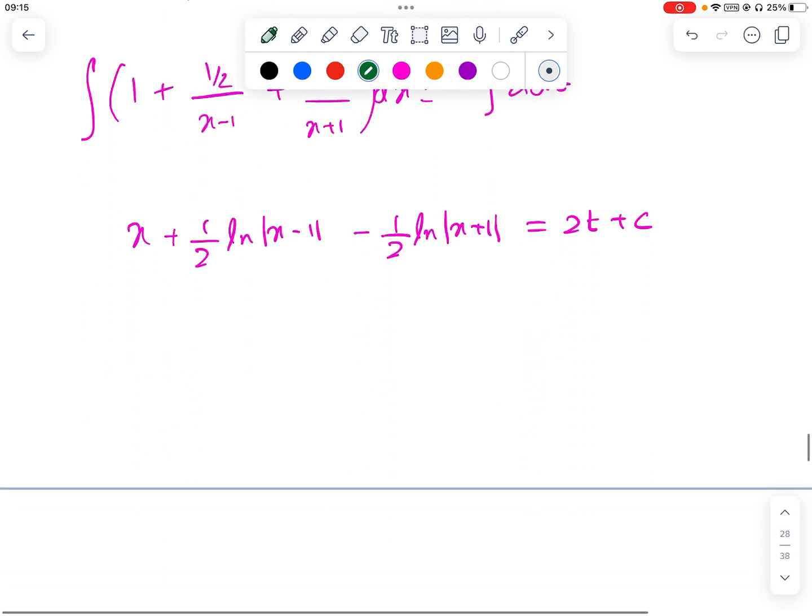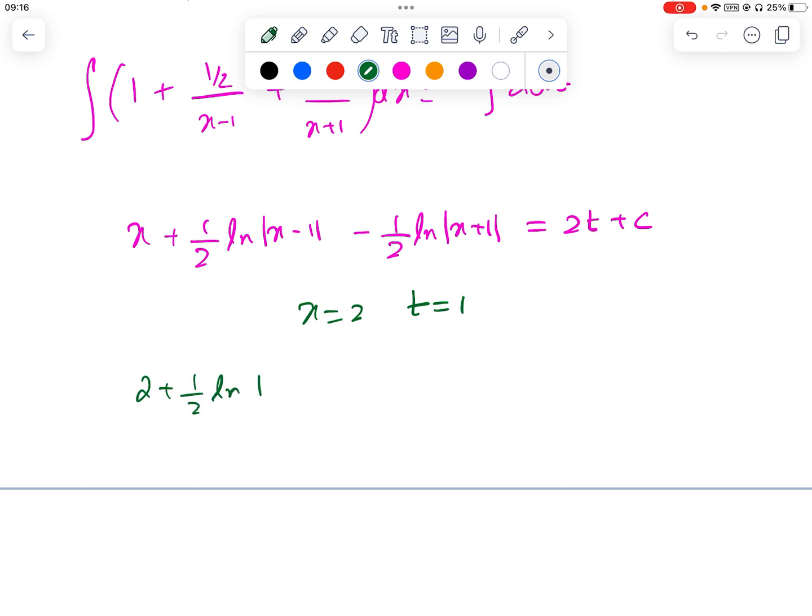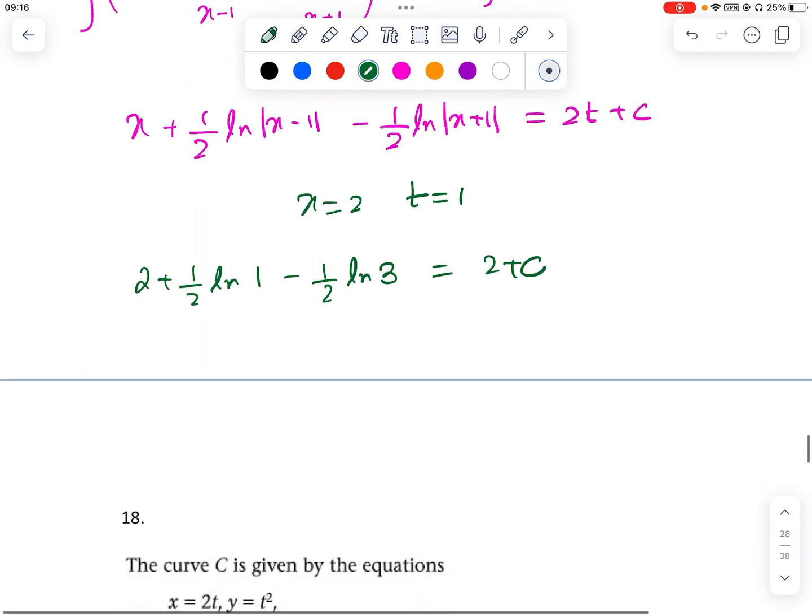So what am I going to do? x equals 2, t equals 1. 2 + 1/2 ln 1 minus 1/2 ln 3 equals 2 + c. This gives me the c value.